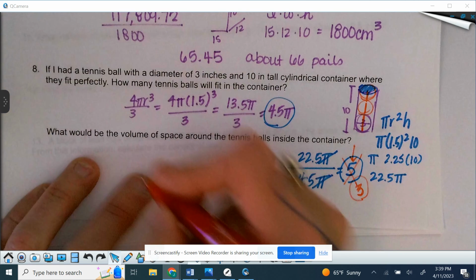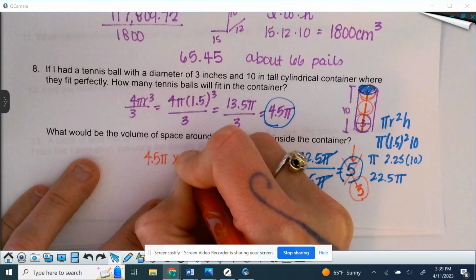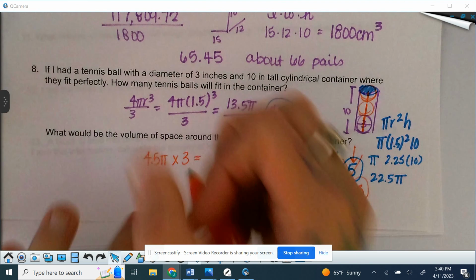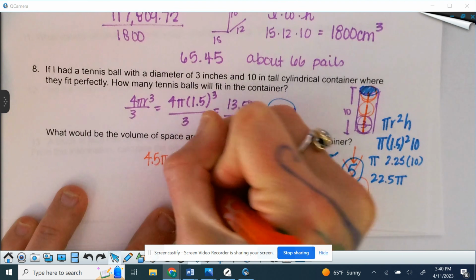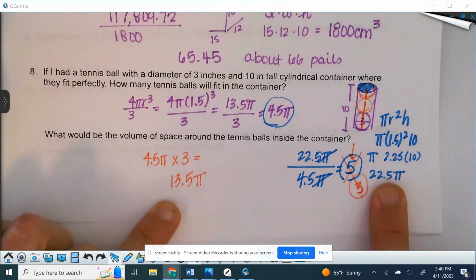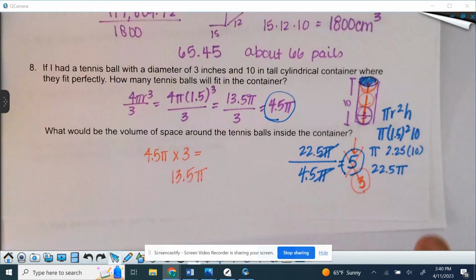So 4.5 pi times 3 is how many will fit into the entire cylindrical container. And that's 13.5 pi. That, subtracted from our 22.5, will be the area around the tennis balls. So 22.5 minus 13.5.